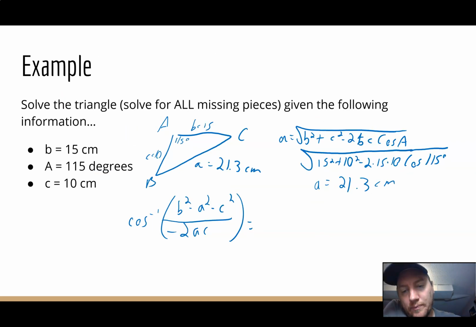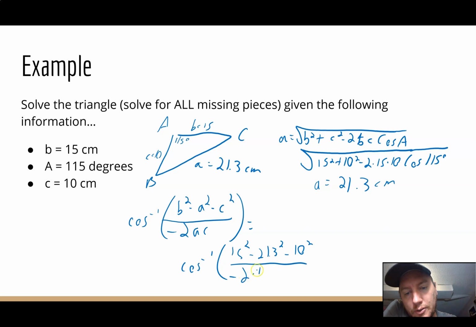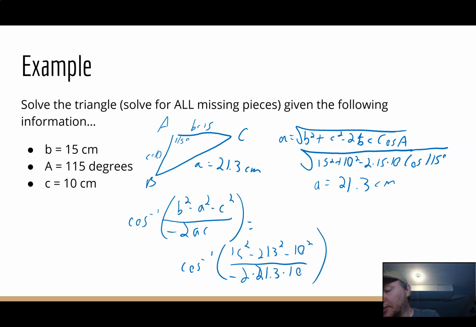That's going to be 15 squared minus 21.3 squared minus 10 squared, all over negative 2 times 21.3 times 10. And all that is one step on the calculator, putting the top in its own parentheses and the bottom in its own parentheses.